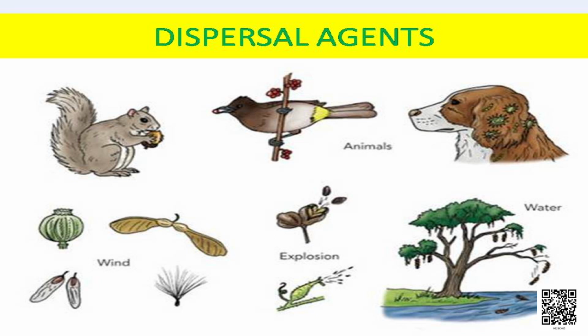Now let me tell you, here is a squirrel. What is it doing? It is eating a nut, okay? They love nuts. And now he will eat that nut and throw it somewhere. That is the way of dispersing the seed. So here we got one agent, squirrels, who disperse the seeds here and there after eating. And then there is a bird.